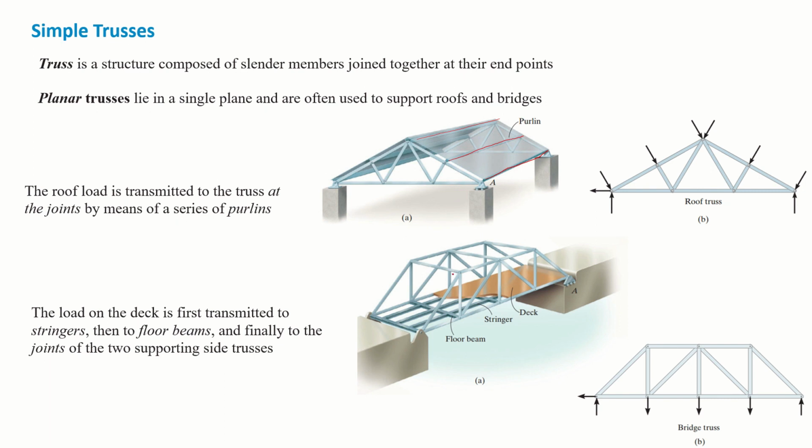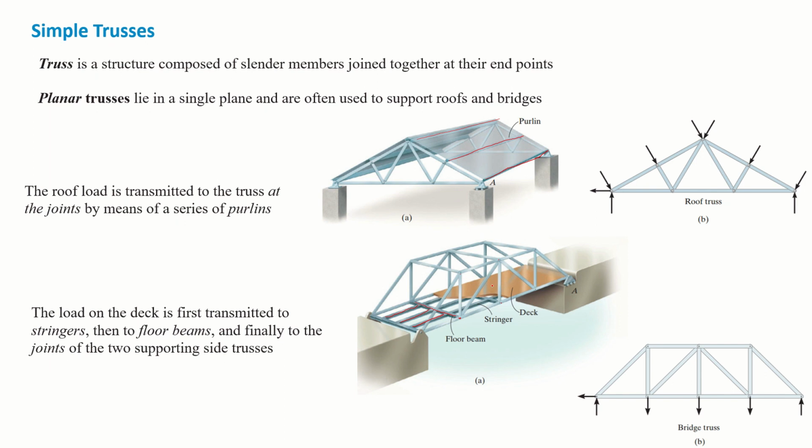There is another example of a truss, which is called a bridge truss. You can see in this second figure a bridge structure. In this bridge structure, this brown surface is called the deck of the bridge.